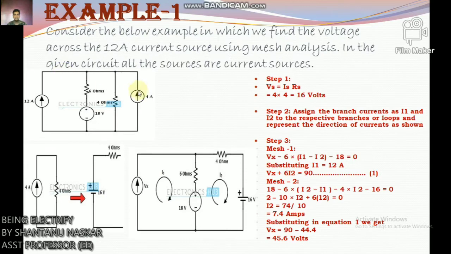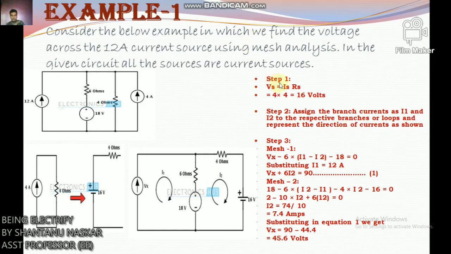So consider the below example in which we find the voltage across the 12 ampere current source using mesh analysis. Okay, so in this given circuit all the sources are current sources. Look here, all the sources are current sources.